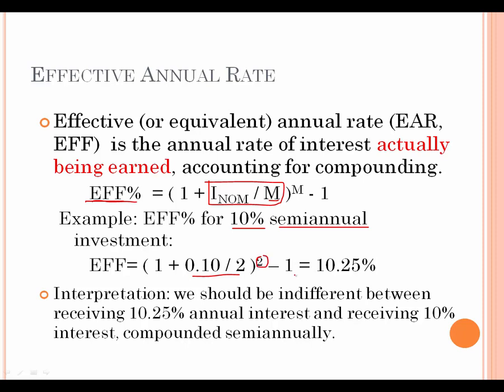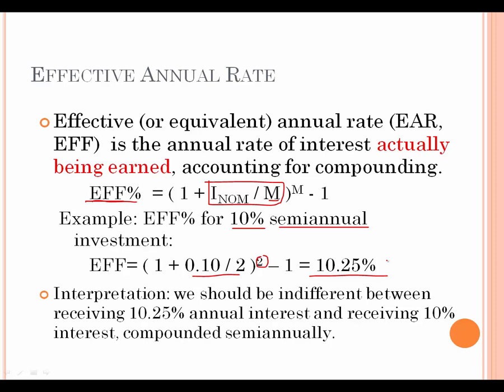This is actually different, or say higher than the 10% quoted interest rate. So what does that mean? It actually means 10.25% annual interest rate is equivalent to 10% annual interest rate compounded semi-annually.